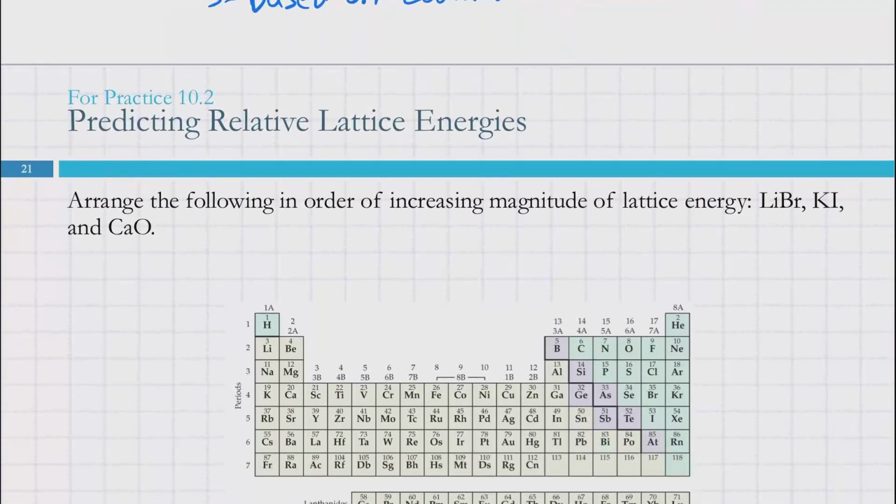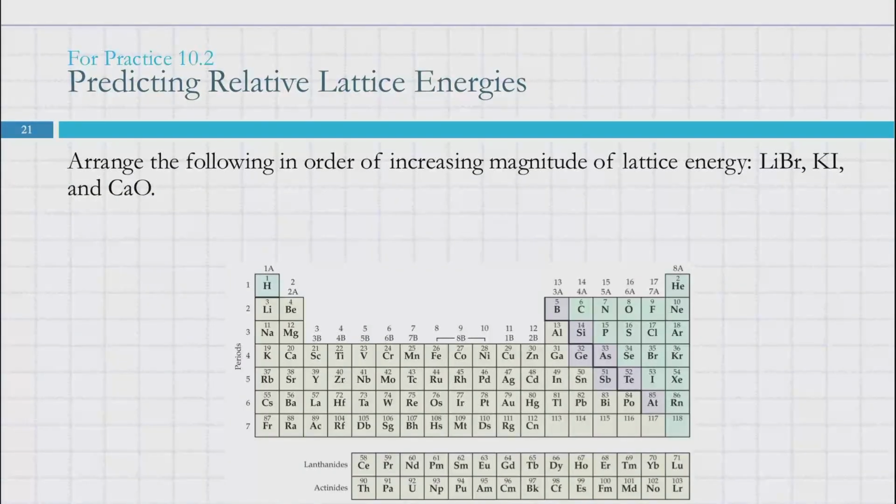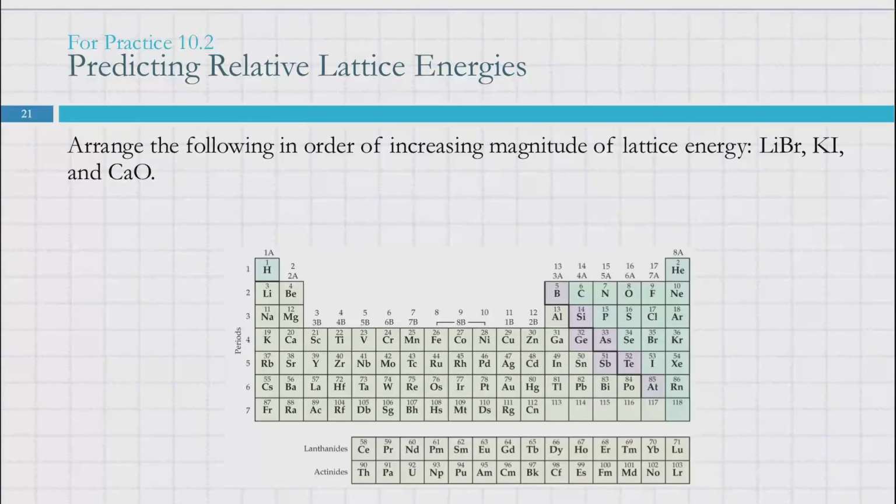Okay, let's make some guesses. Arrange the following in order of magnitude of lattice energy, increasing magnitude. So we've got lithium bromide, there's lithium, there's bromine, we've got potassium iodide here in green, and then calcium oxide with the blue here.